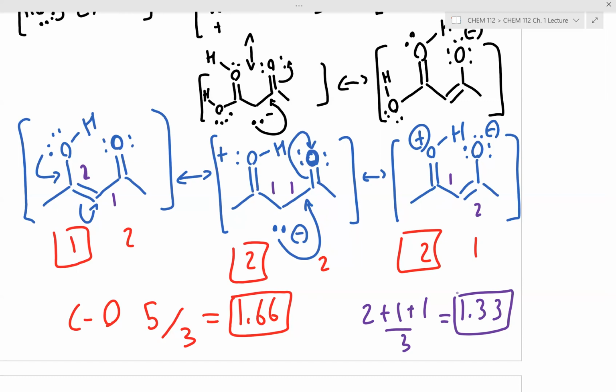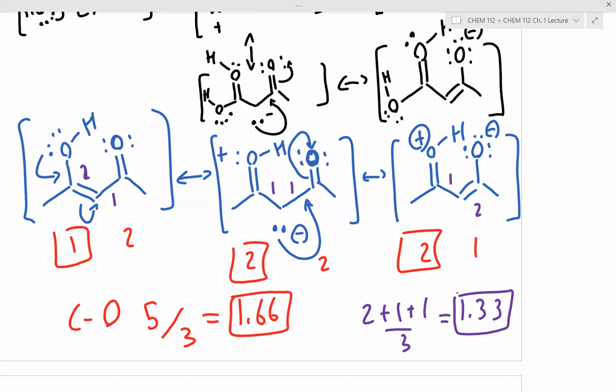I'm confused. Where are you getting the bonds again? So in the first example, I looked at the carbon-oxygen single bonds. In the first case, I have a single bond and a double bond, 1 and 2. In the second case, I have a double bond and a double bond, 2 and 2.